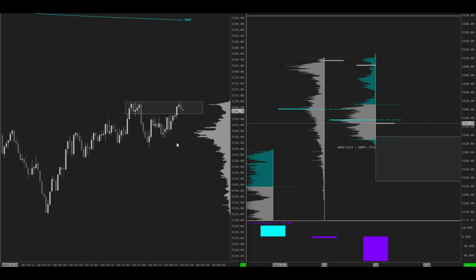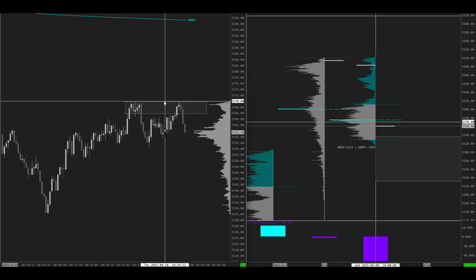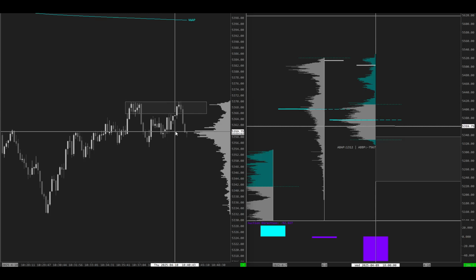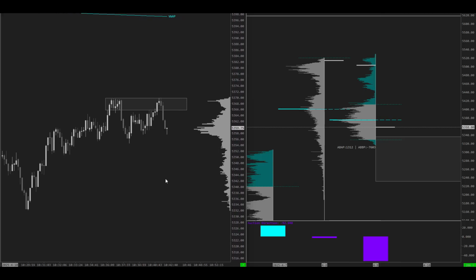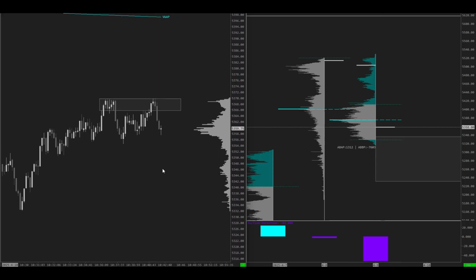Okay, signs of rejection at the top of it. That'd be pretty crazy if it rejected right from the top of it. Already did, but if it ended up selling back into new lows off this, though, which is what I'm expecting it to do.